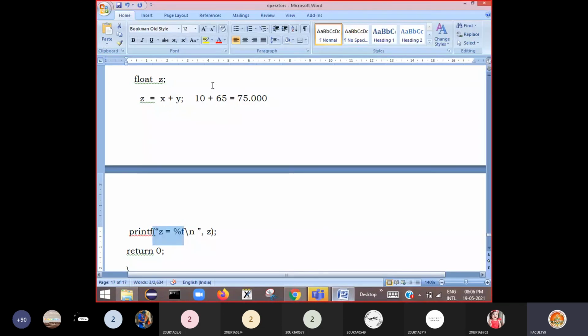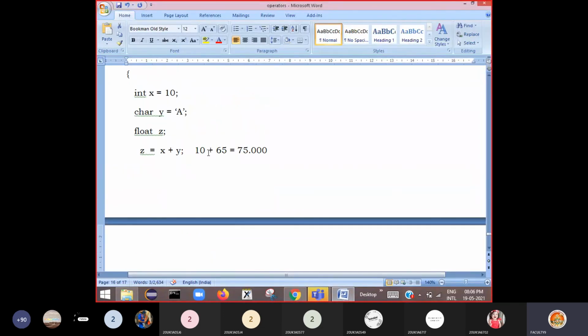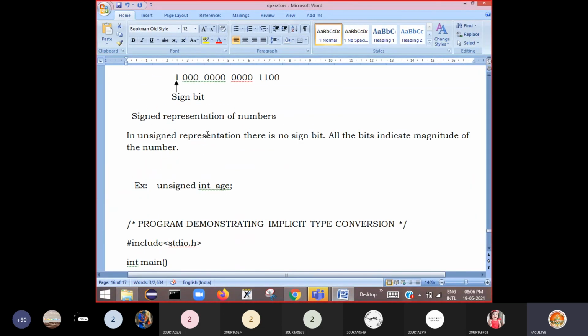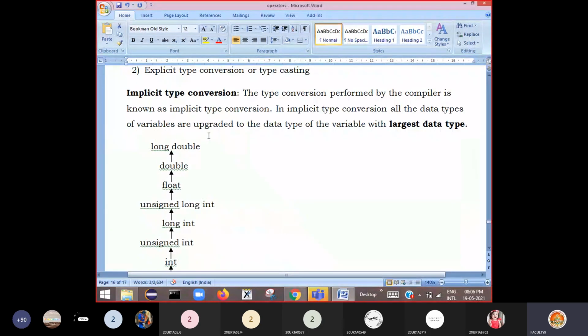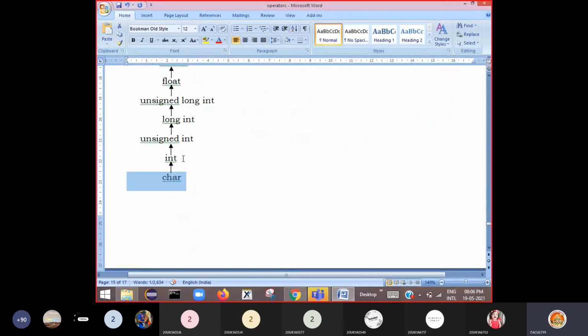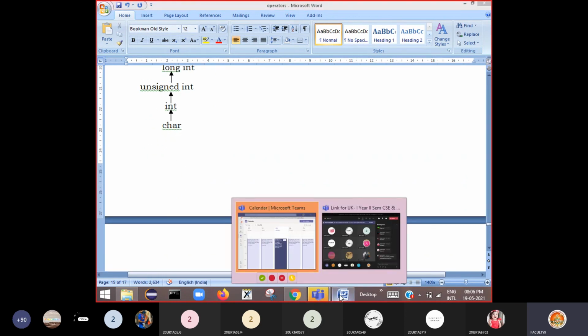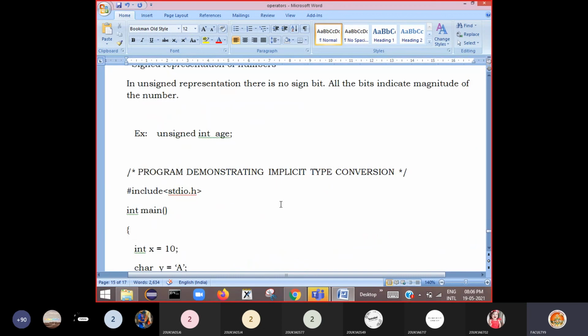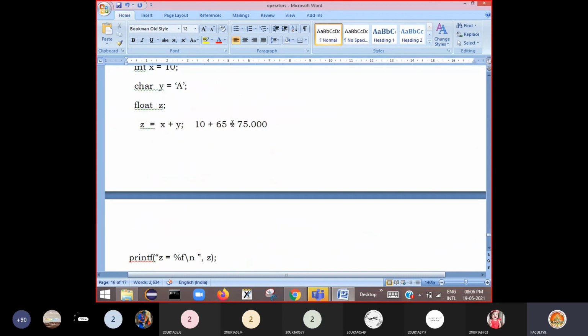Your compiler is converting as per this hierarchy. Character is upgraded to integer type, and since there is no long type, the next highest type is float. So the result is converted to float type and you get 75.00.